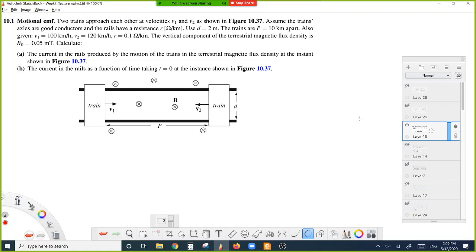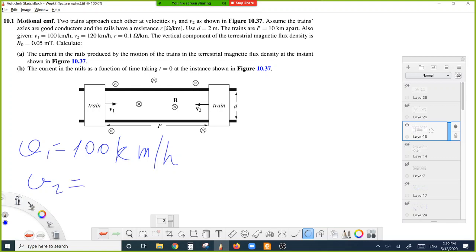What are the given data? We are given V1 as 100 kilometers per hour.